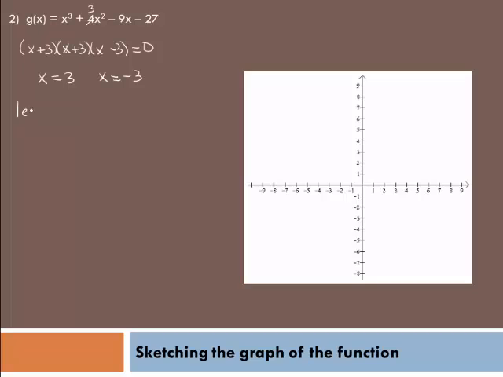Now our leading coefficient is equal to 1. It's positive. And our exponent is odd. Now when we have an odd exponent and a positive leading coefficient, our negative end will go down and our positive end goes up. So I'm going to put a dot at negative 3, and I'm going to put a dot at positive 3.